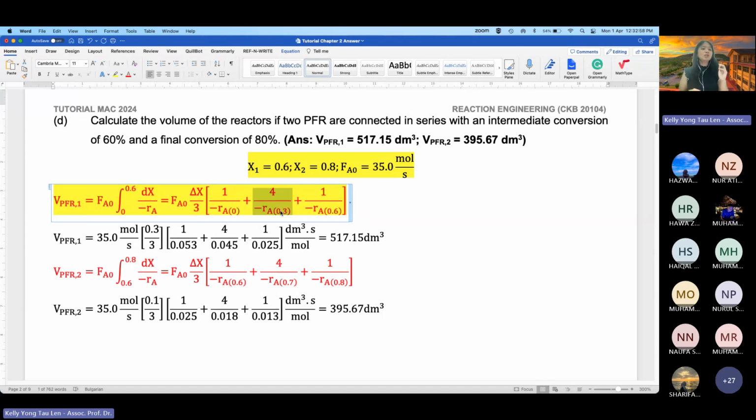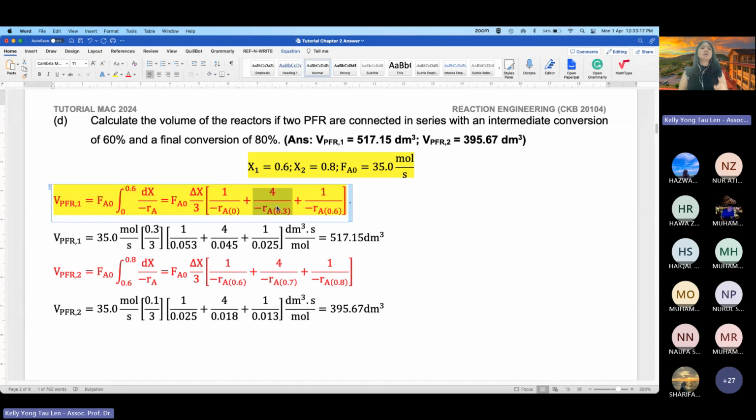So if I have initial X of 0, my final X as 0.6, therefore my middle X will be 0.3, middle point, right? So the middle value will be 4 per minus RA when my X is 0.3.